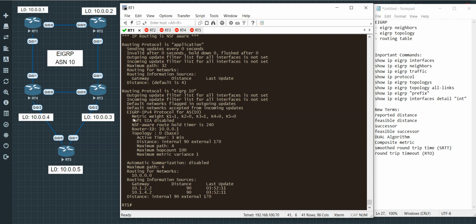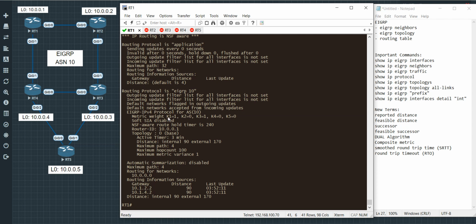So the first important one is the metric weights. EIGRP has 5 different metrics that it can use to calculate its composite metric. Each one of these K values represents something different.